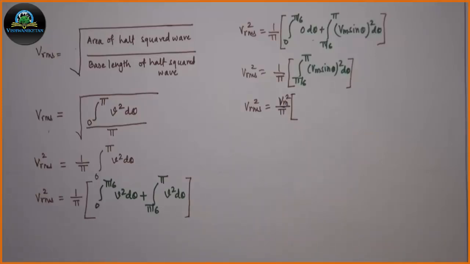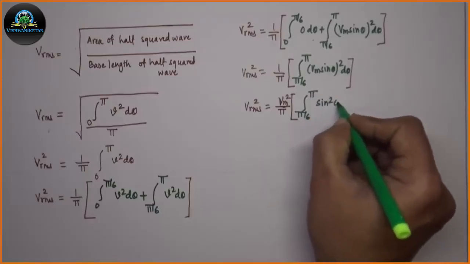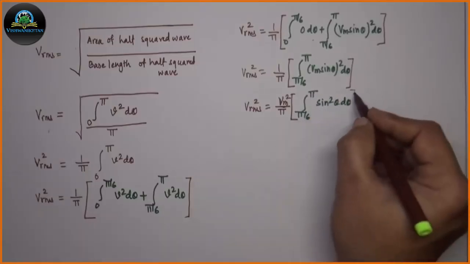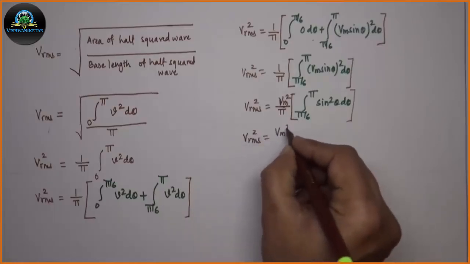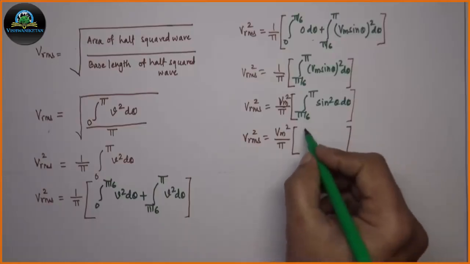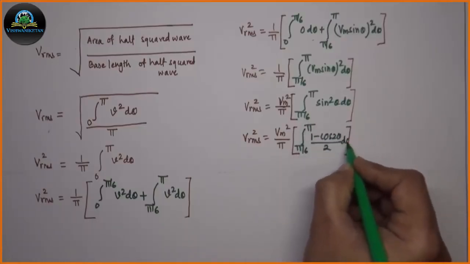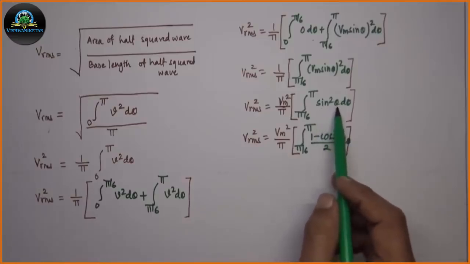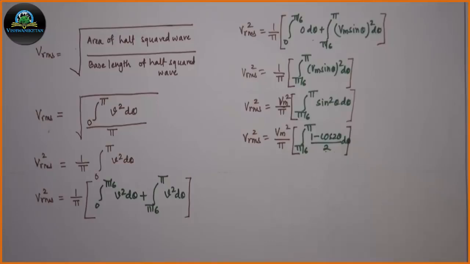In bracket we have sin square theta, substitute sin square theta as 1 minus cos 2 theta divided by 2.